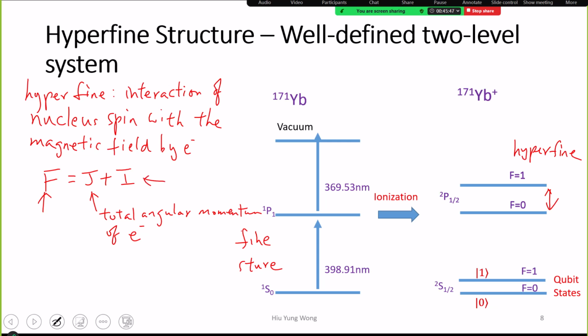But I is the angular momentum of the nucleus, the nuclear spin angular momentum.